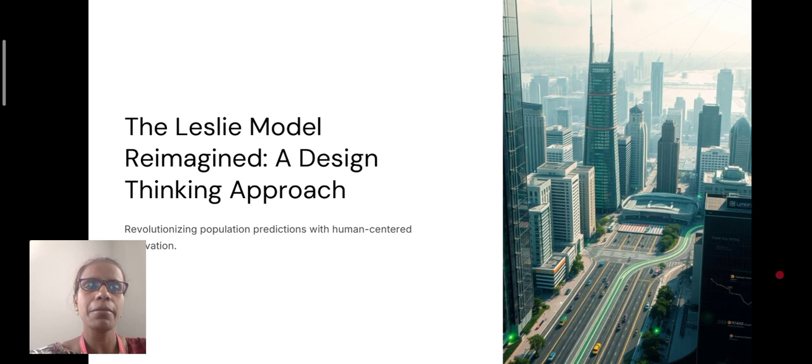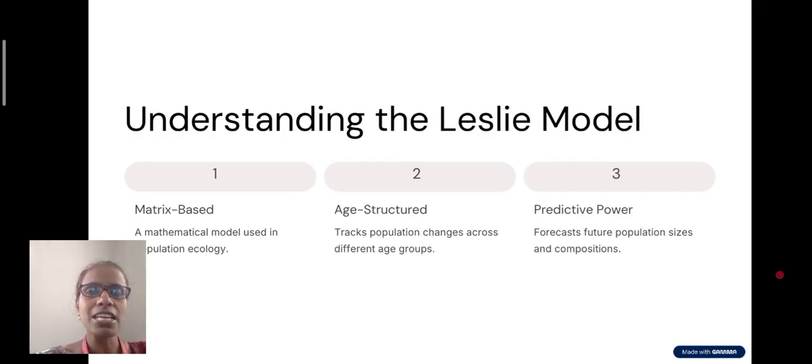The first thing is we need to understand what is meant by a Leslie model. There are 3 steps we need to follow. The first thing is we need to form the matrix, so it is matrix based. That is a mathematical model which is used in population ecology. The second thing is that it is age structured.